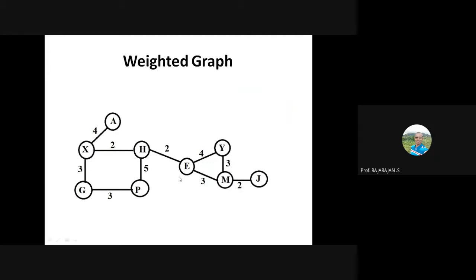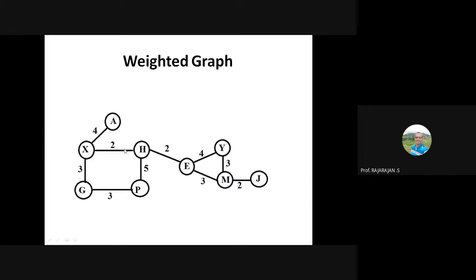Lastly, I would like to introduce a modified graph called the weighted graph. The only difference here is that now each edge is given a weight, a value. Previously we just saw a graph with the interconnections, but now we are going to give a unique value to each edge.